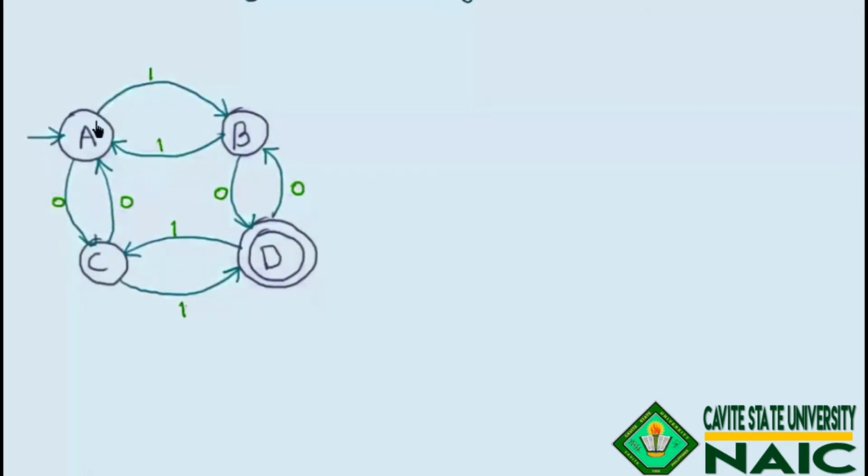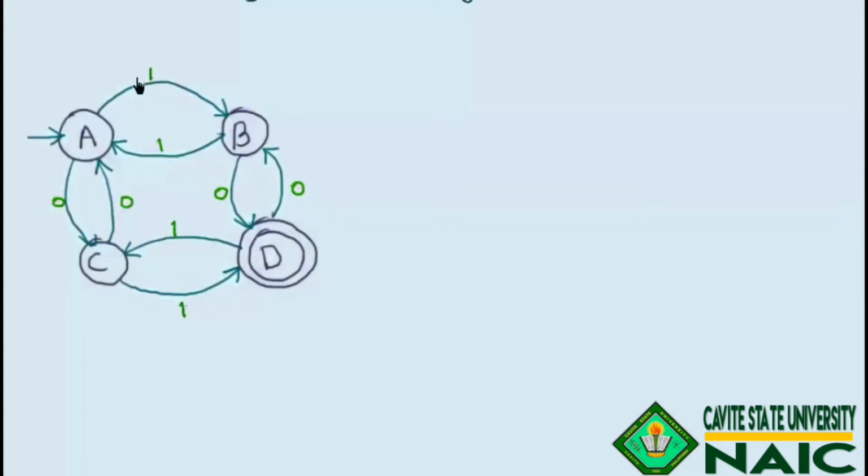And then we see some edges. See, one edge goes from A to B, another goes from B to A, another edge is from A to C, another from C to A, and here we see one going from C to D and D to C, B to D, D to B. So what are these? These edges are actually the transitions. So what does this mean? These transitions mean that, suppose I am in state A, and this edge is labeled with 1.